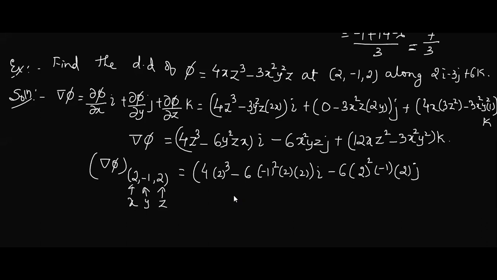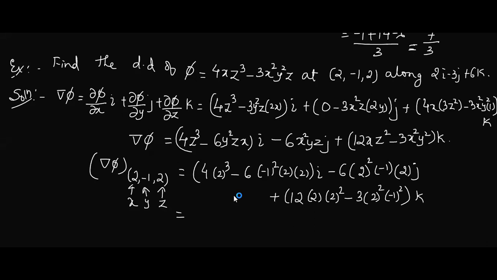Carefully you write, because sometimes the scalar function will be complicated, like we have now. 12 into, what is x? 2, z is 2 square, it will be now 3 into, x square is 2 square, y square is -1 square into k. Tell me the simplified part.